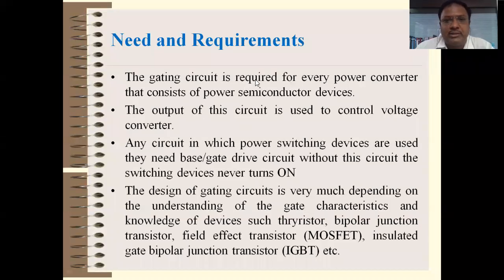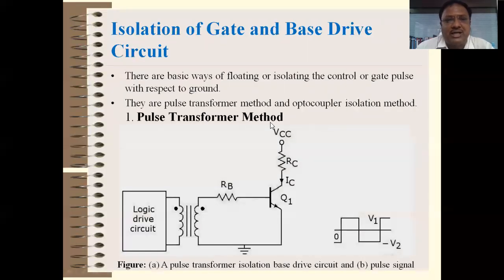So there are two techniques to isolate the logic circuit, or you can say gate drive circuits, from the power circuit. There are the pulse transformer method and the optocoupler isolation method. These are the two methods which are used to isolate the logic circuit, or gate drive circuit, from the power circuit.